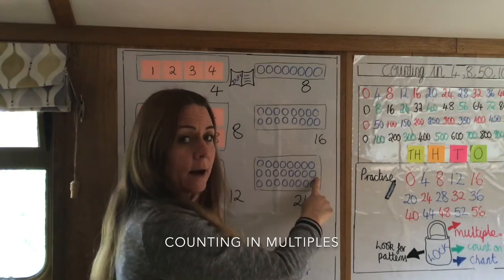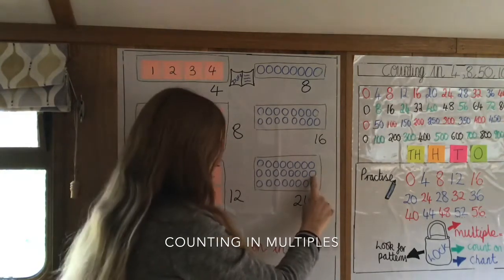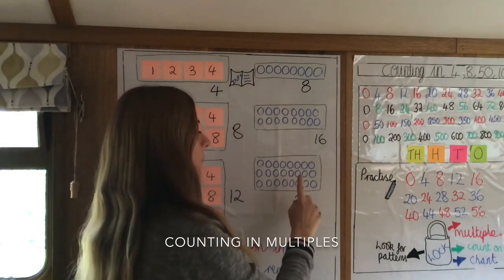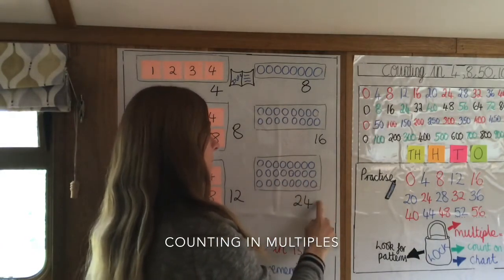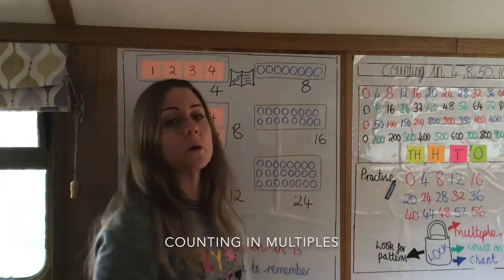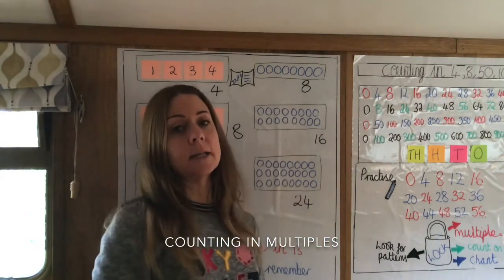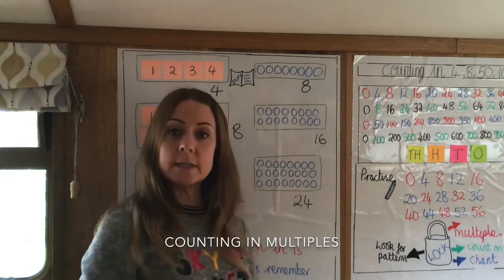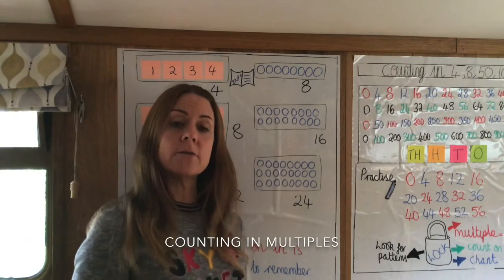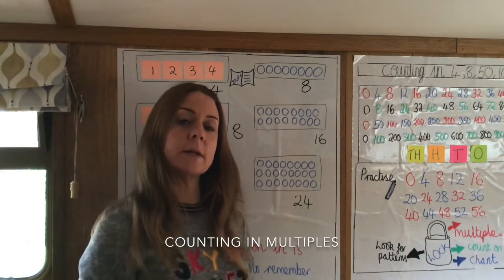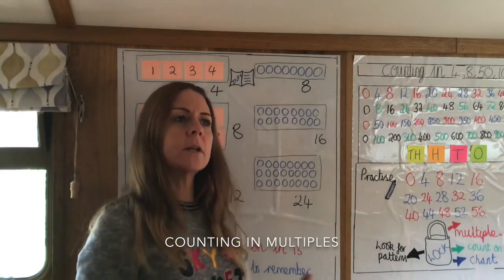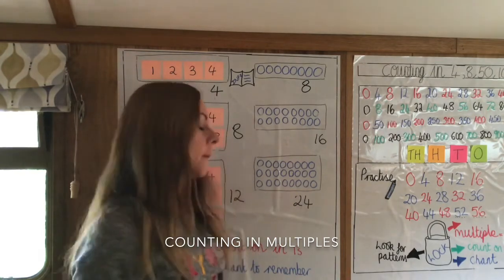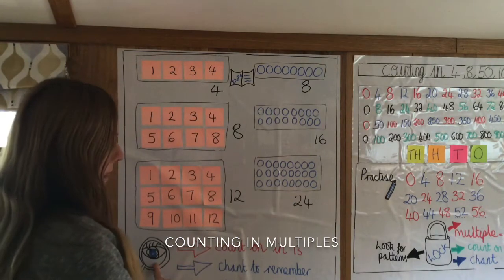So we can carry on counting from there. 16, 17, 18, 19, 20, 21, 22, 23, 24. 3 multiples of 8, 3 times 8 is 24. And if we're counting in multiples of 8, we would start with 0 and we would say 0, 8, 16, 24.